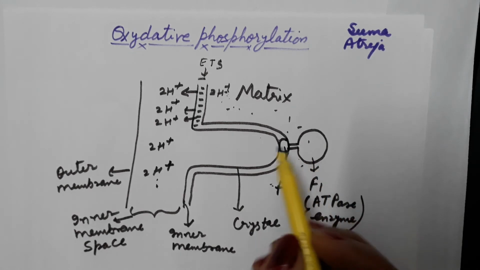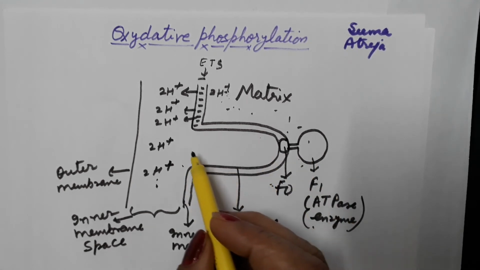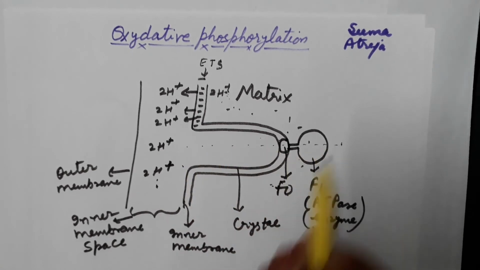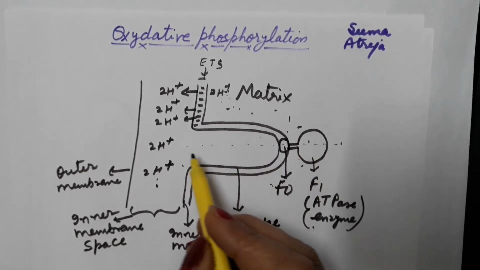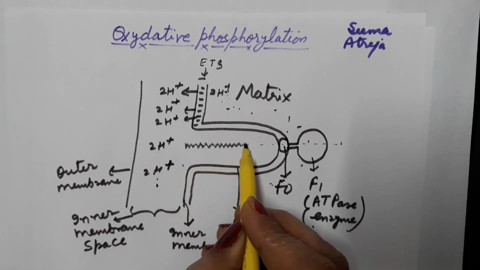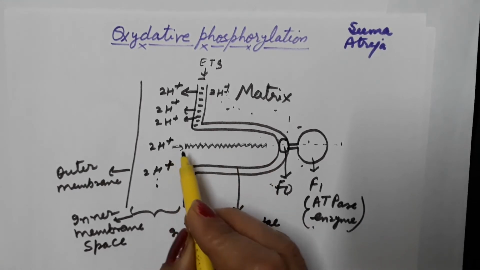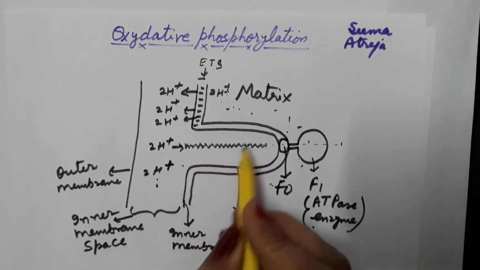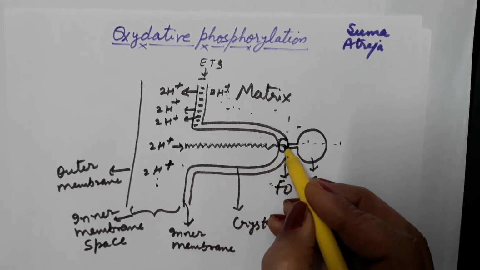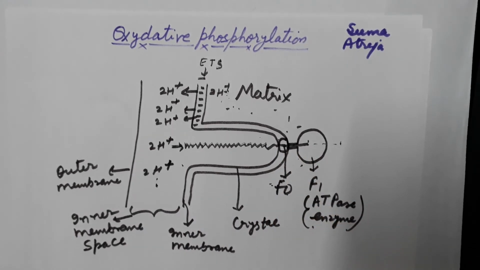When they pass from inner membrane space to matrix, they only pass through the FOF1 particle. Here I am showing transport of protons passing through the crista. This wavy line shows that energy is present in the proton. And when these protons pass through the F1 particle, they lose energy.